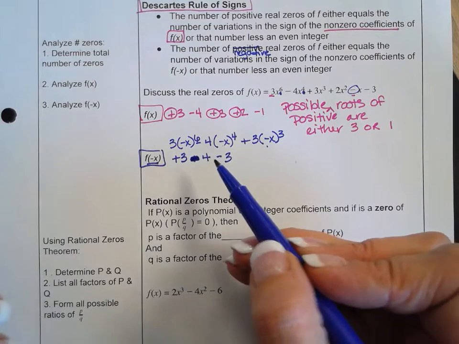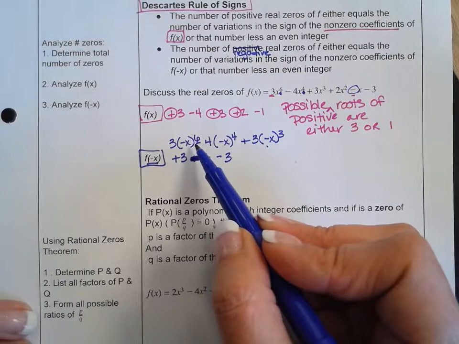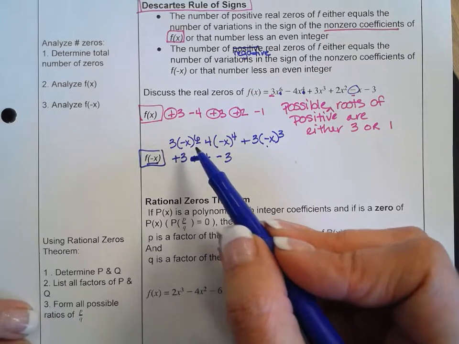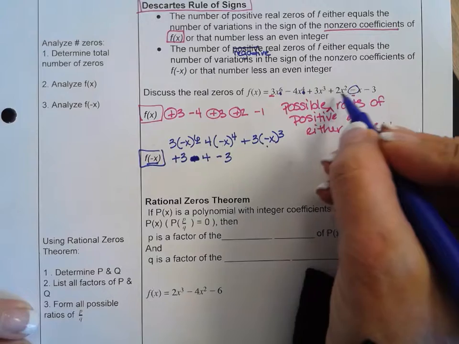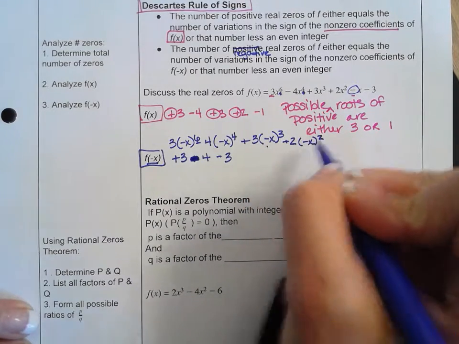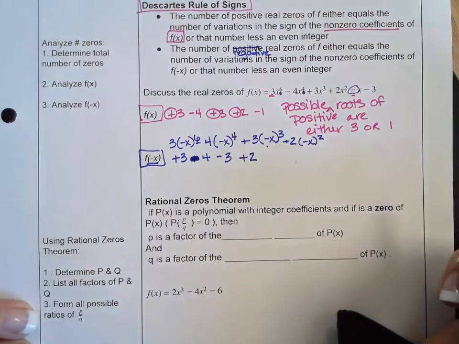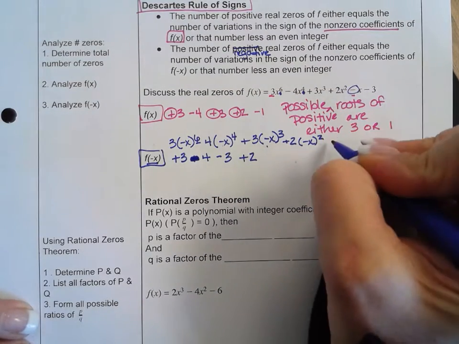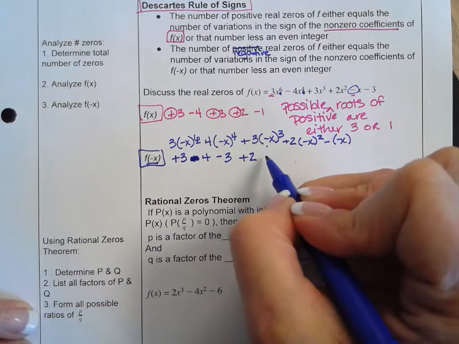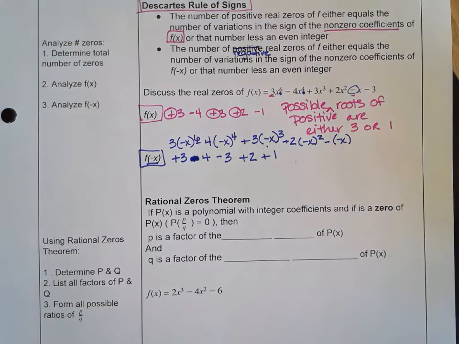Basically, if you have an even exponent, it stays the same. If you have an odd exponent, it's going to flip sign. Then I have +2 negative x squared, so that's going to give me a +2. And then I have a negative x, that's going to give me a +1.